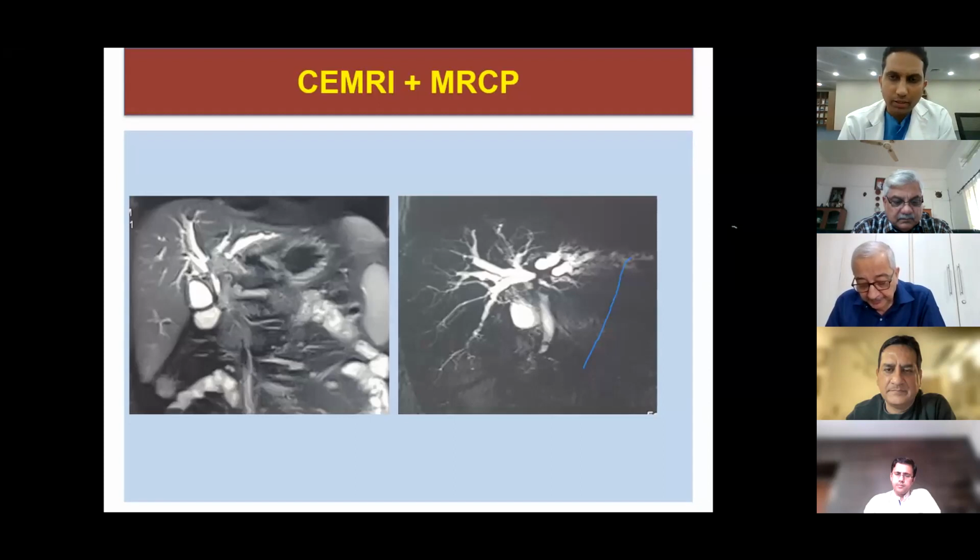But I would like to do a percutaneous biliary drainage because we can selectively cannulate the duct and avoid the retrograde transmission of the dye, which can cause cholangitis, which the patient is at high risk of after ERCP.